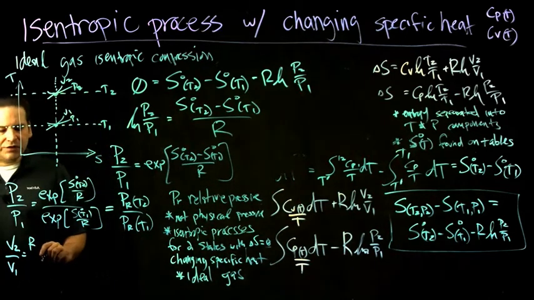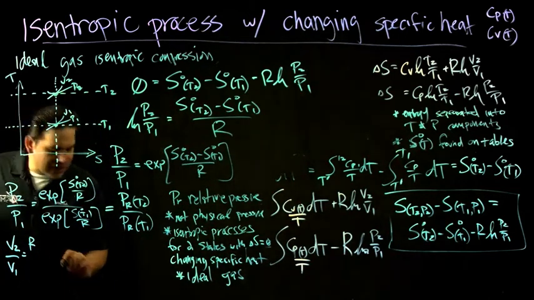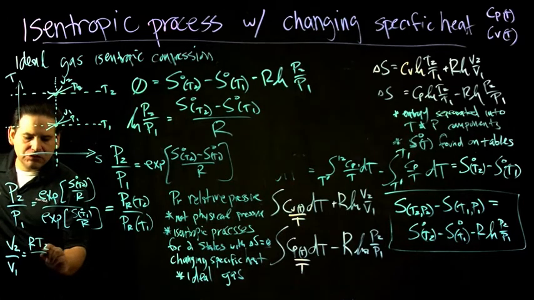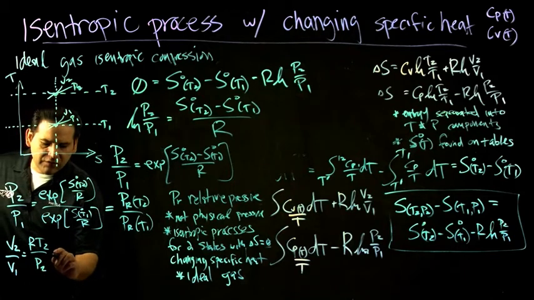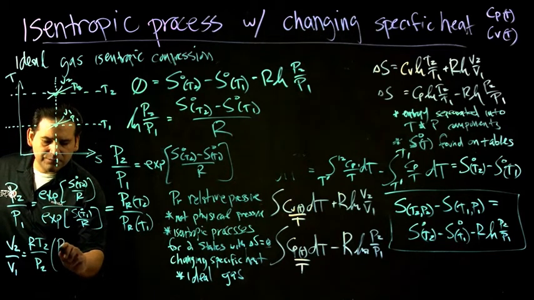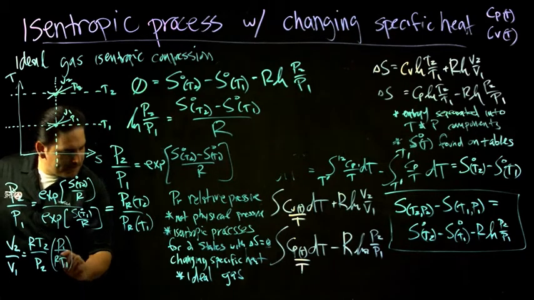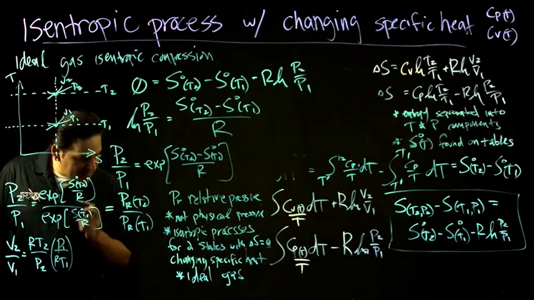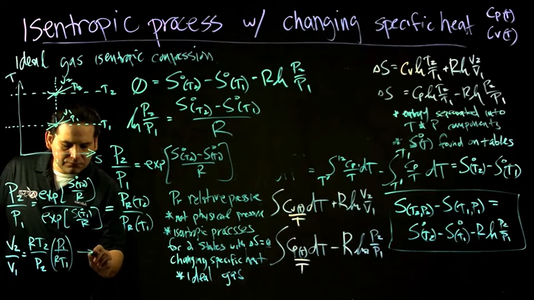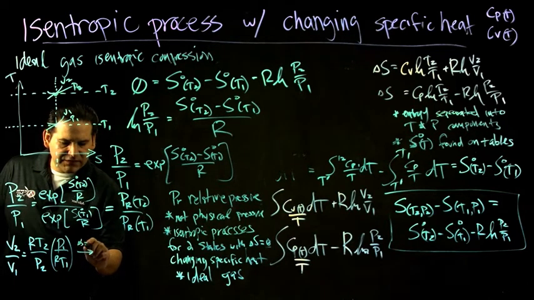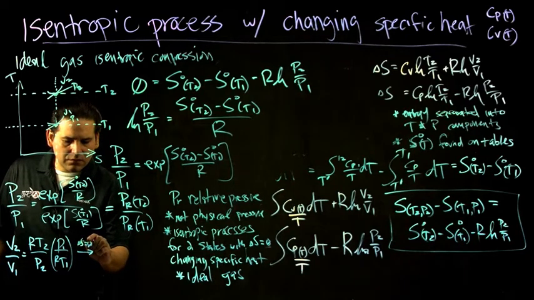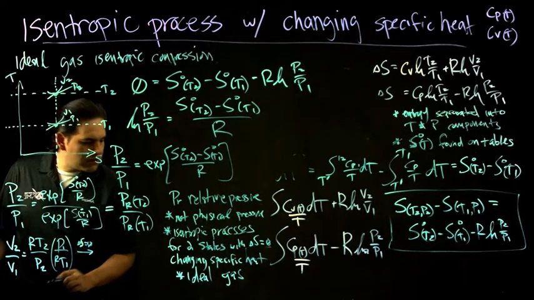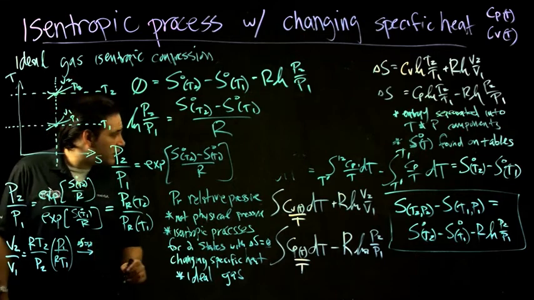The relative pressure, we can use ideal gas laws to show how this can also be used to define the so-called relative volume. So for delta S equals 0.